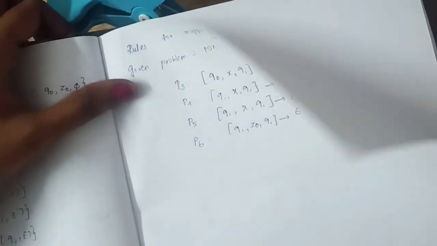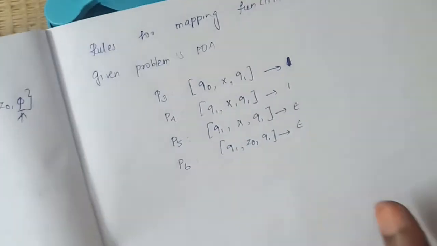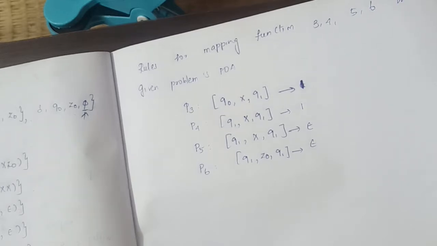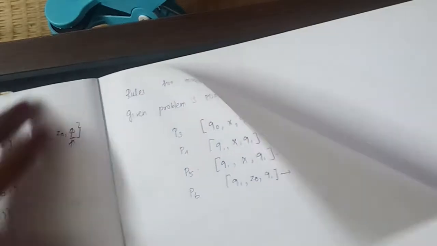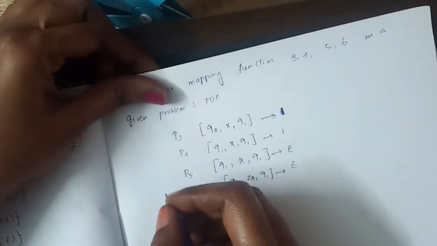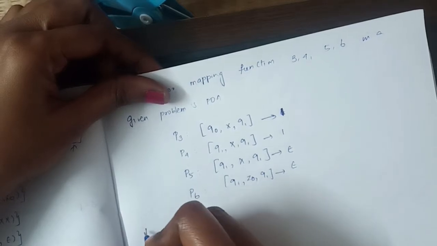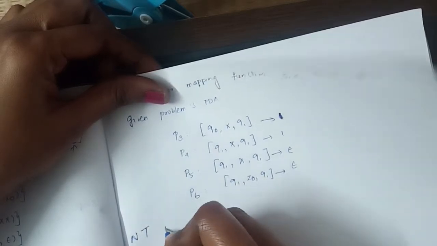So next one, from this PDA we will generate terminal rules. After that we'll have the non-terminal rules, right?